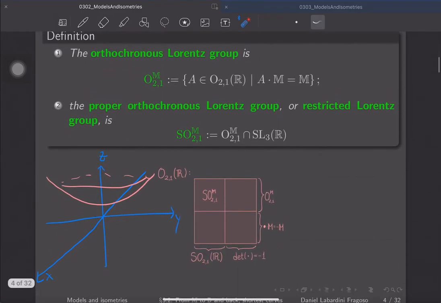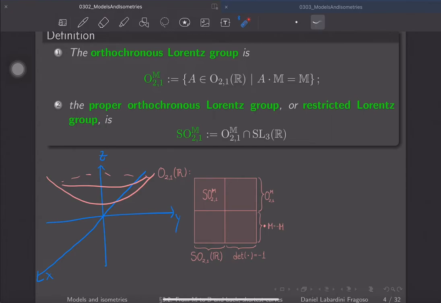Then, as I said, remember that the Lorentz group, which is O(2,1)(R), is defined as the group of 3x3 invertible real matrices that preserve the value of the Minkowski form, the Minkowski pairing.